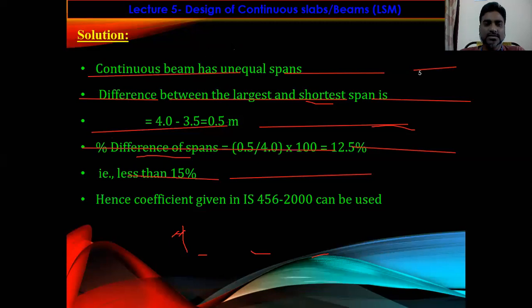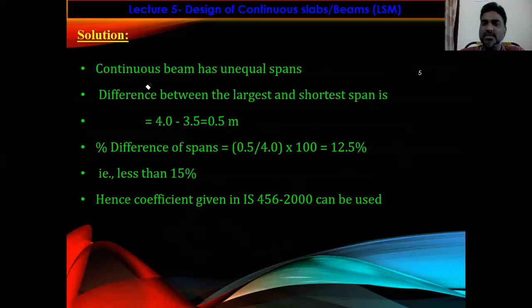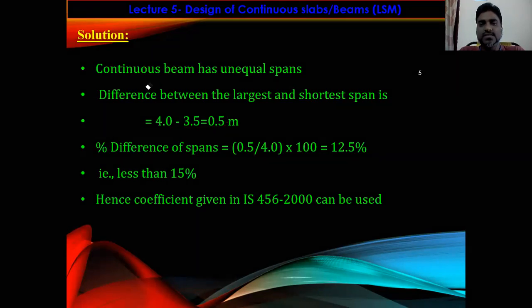Before going to calculate, what is the first step? First, you need to check whether the method proposed by IS 456-2000 to determine the shear forces and bending moments can be used. The code proposes some coefficients to determine the shear force and bending moment, but there are certain limitations for using those coefficients. The first one is that it should have a minimum of 3 spans.